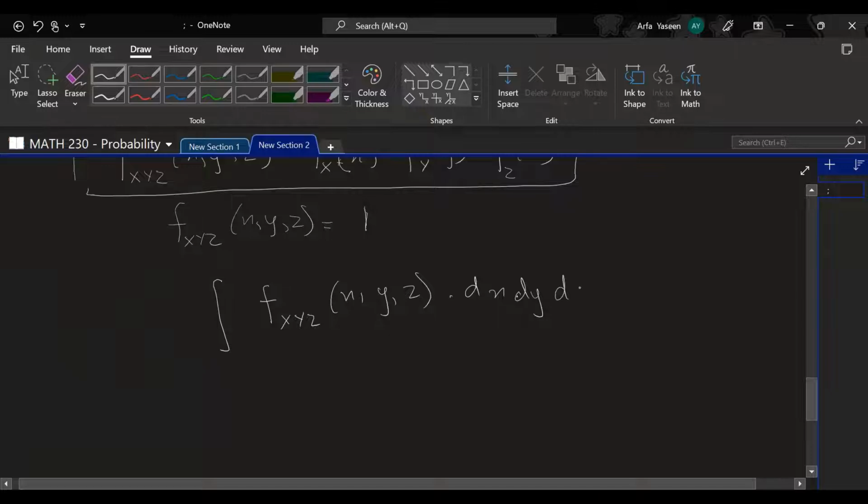To find the probability we integrate, and the limits of x will be always the product of y and z. Sorry, this should be y. And then we can choose y from anywhere between 0 and 1. Similarly for x, the limits are 0 and 1.